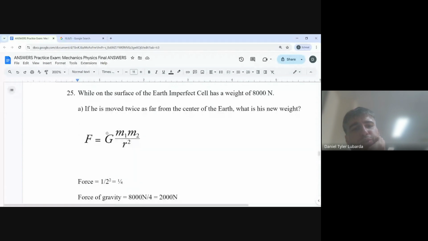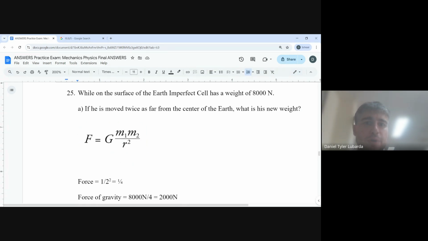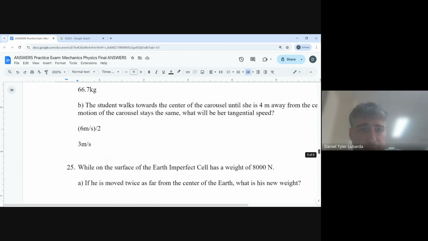Another thing, make sure you know how to use this gravity equation. I don't think there are any equations where you have to use G, M1, M2 and multiply a really long thing out. But you will have to do something like this. Like what happens if you move twice as far or 3 times as far from Earth? How much will your weight change?